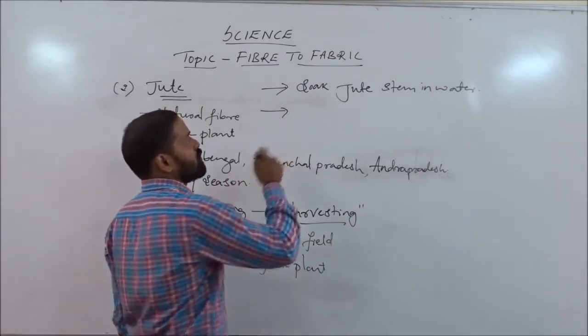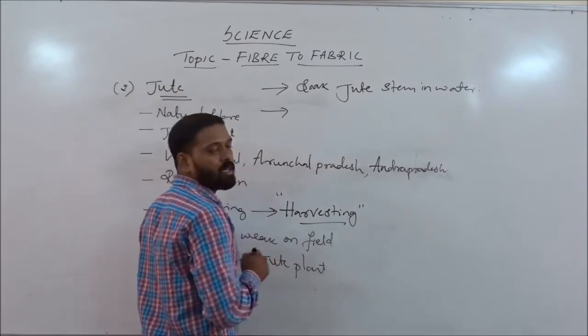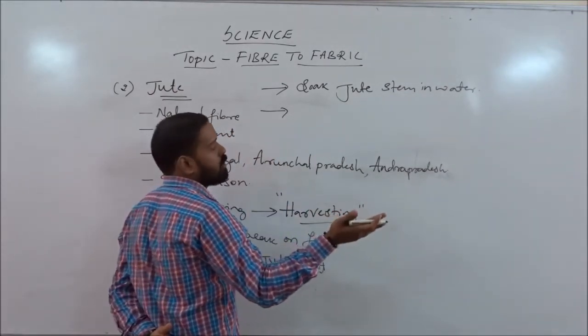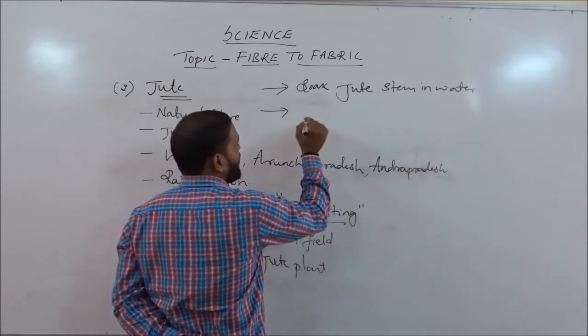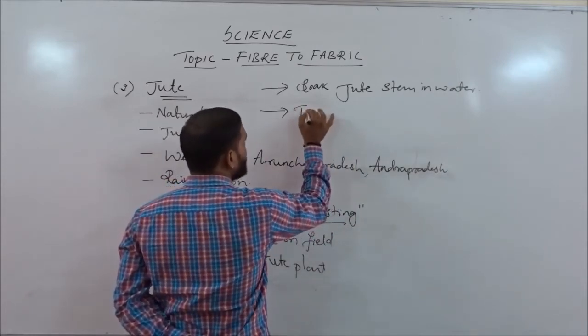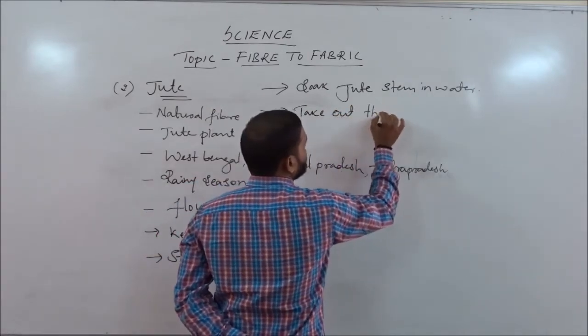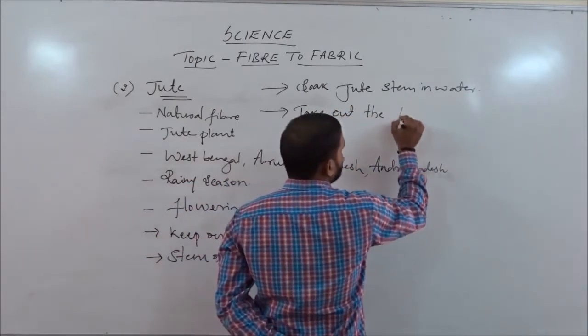After 3 or 4 days, when the jute stem has become rotten, you have to take out the threads from the stem.